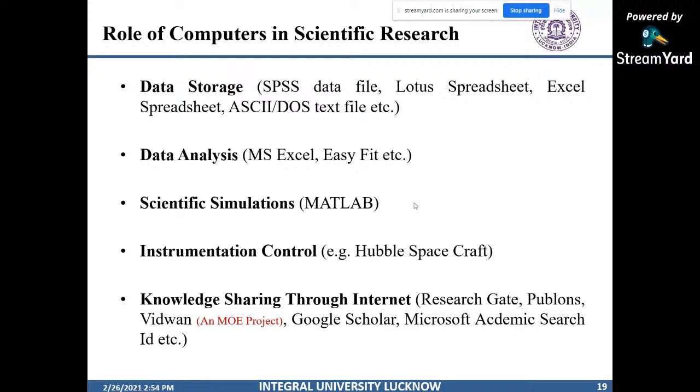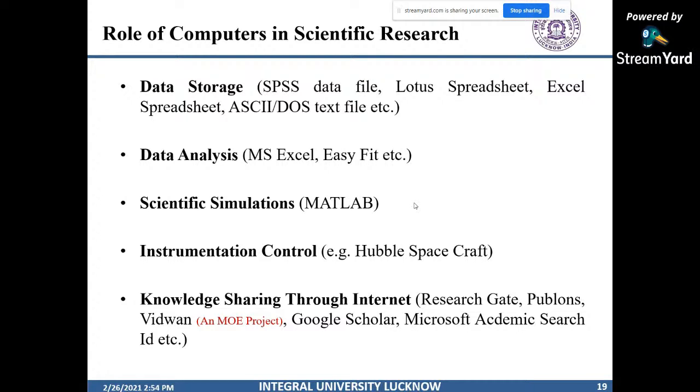The other tool I will demonstrate in tomorrow's lecture is Zotero. Along with Zotero, Google Scholar is very, very helpful. You simply type Google Scholar, open it in your browser and type some topic.